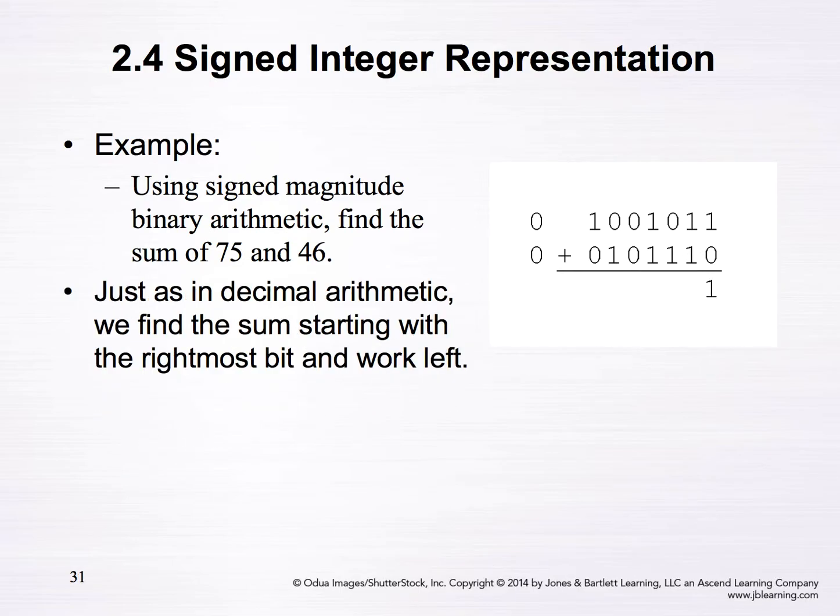We have a 0 here, that's the sign of each of the two positive numbers, and we do the addition the same way we do addition in decimal arithmetic.